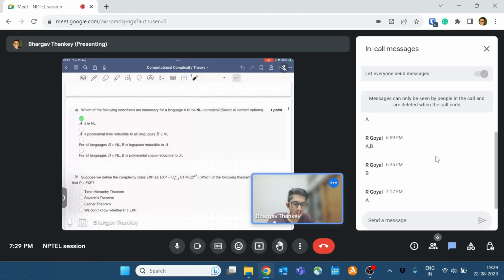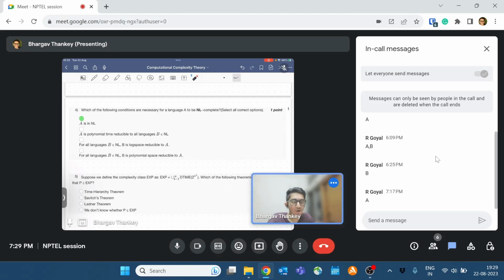So for NP completeness, the complexity theoretic question we had in mind was the P versus NP question, and so we defined a reduction that helped us with that question. So while defining NL completeness, what question do we have in mind? The L versus NL question, right?